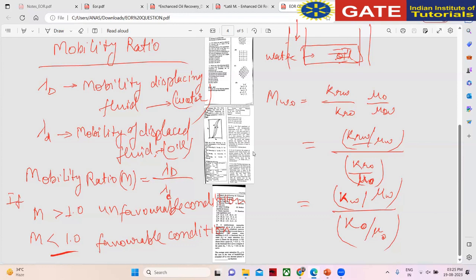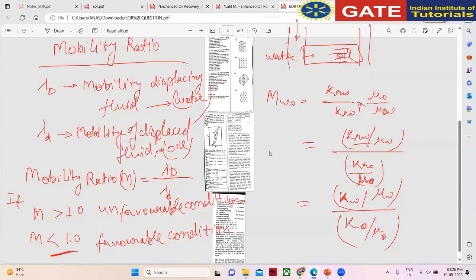So you can calculate the mobility ratio using that equation. One question was asked on this in GATE 2016, I think.